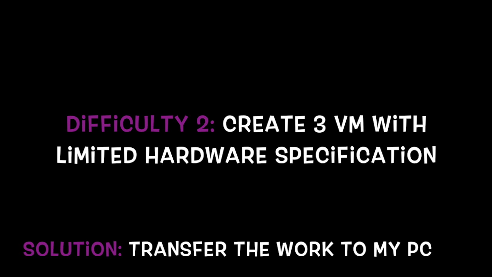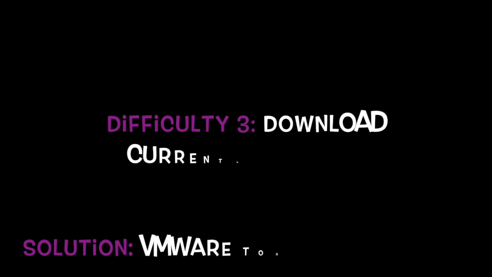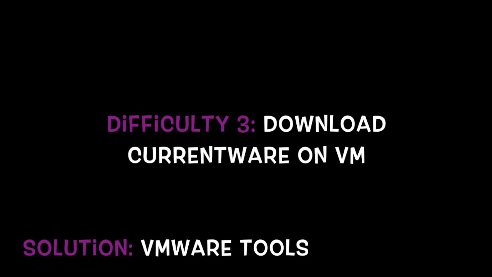I managed to solve this issue by changing my plan to 2 virtual machines and transferring my work to my personal computer, which had higher hardware specifications than the desktop computer, and it meets the required hardware specifications. I had some issues installing the product on the virtual machines. Since it's a bare metal computer, there are no applications to browse or unzip the package.